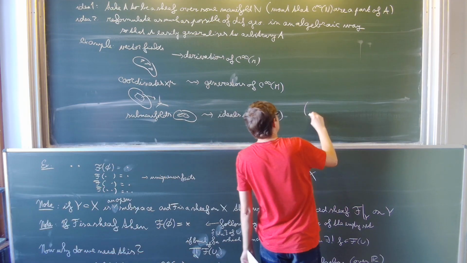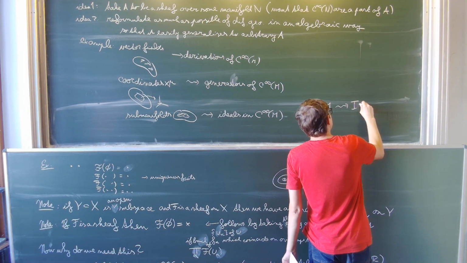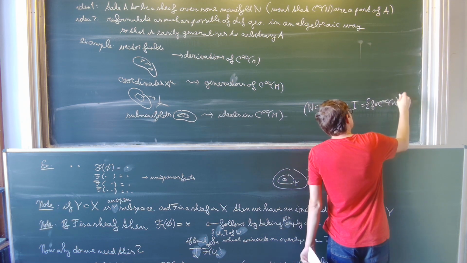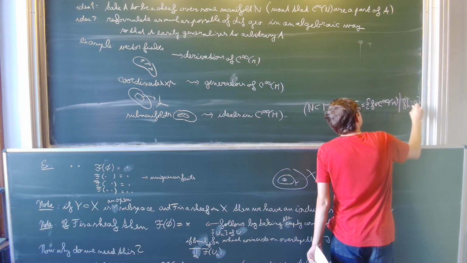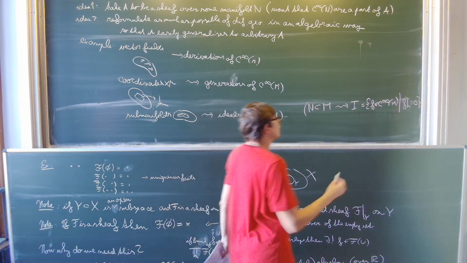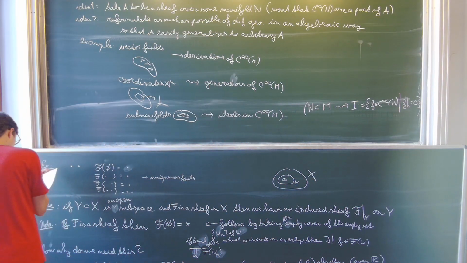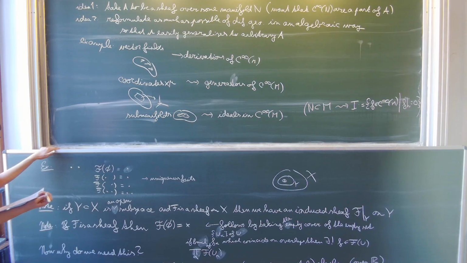So if N is in M, then you can take the ideal to be functions such that if you restrict them to N, then they are zero. This is called the vanishing ideal. So many of the objects have some nice algebraic counterpart descriptions.